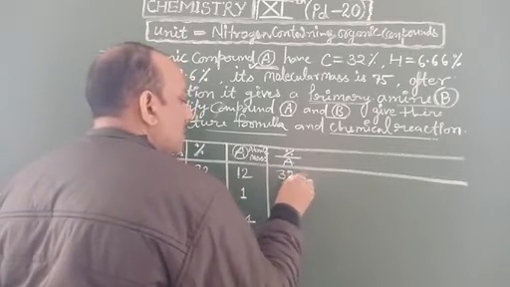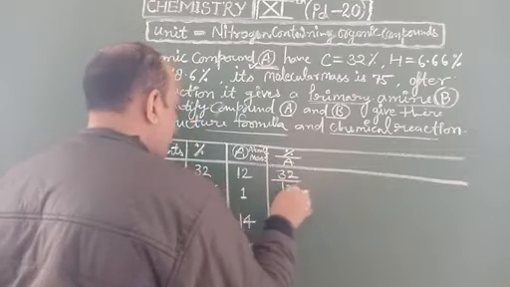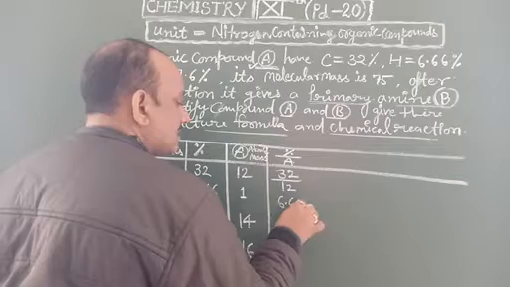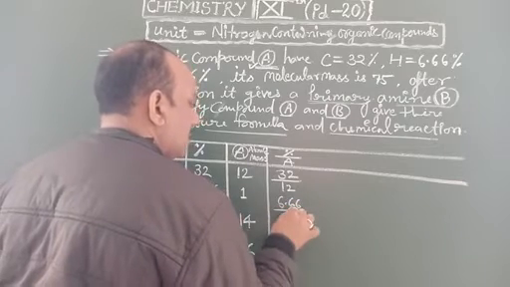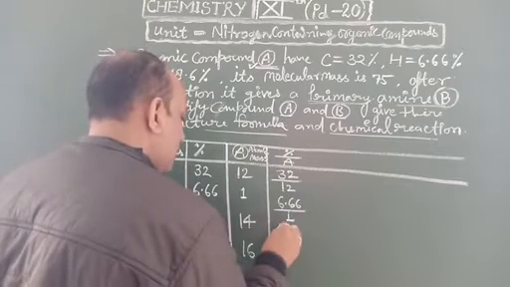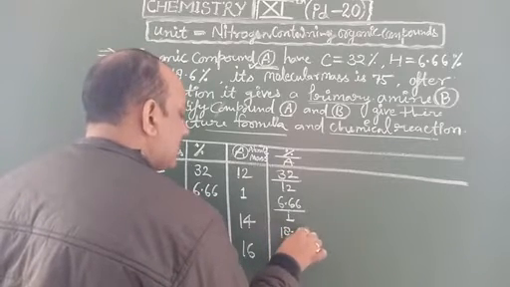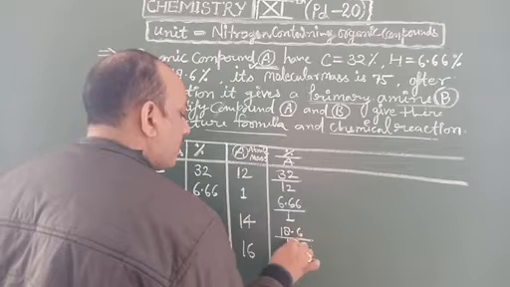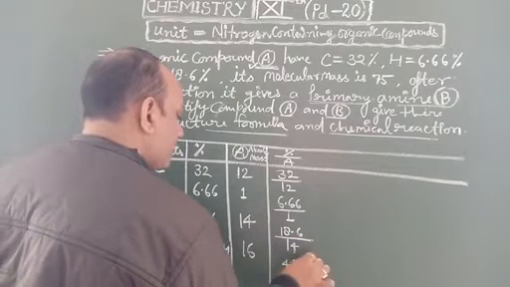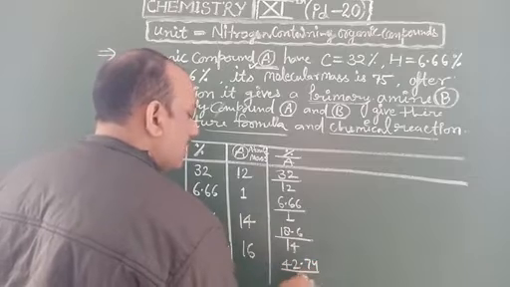Percentage 32, atomic weight 12; hydrogen percent 6.66, atomic weight 1; nitrogen 18.6 upon 14; 42.74 upon 16.